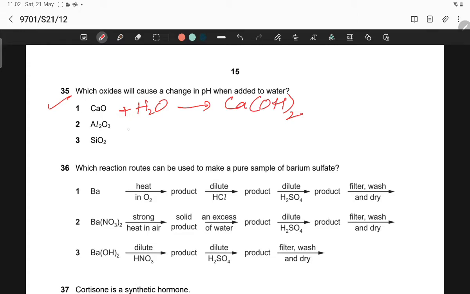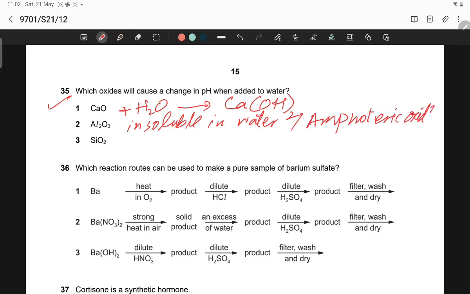Aluminium oxide is insoluble in water and is also an amphoteric oxide. Calcium oxide is a basic oxide, so when dissolved in water it increases the pH. Aluminium oxide is an insoluble, amphoteric oxide, so it is incorrect.